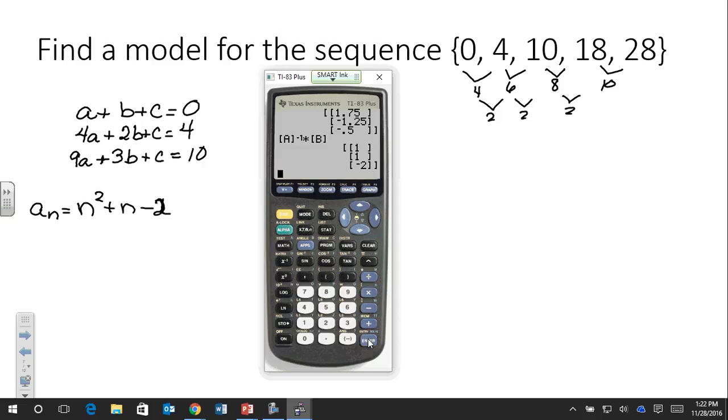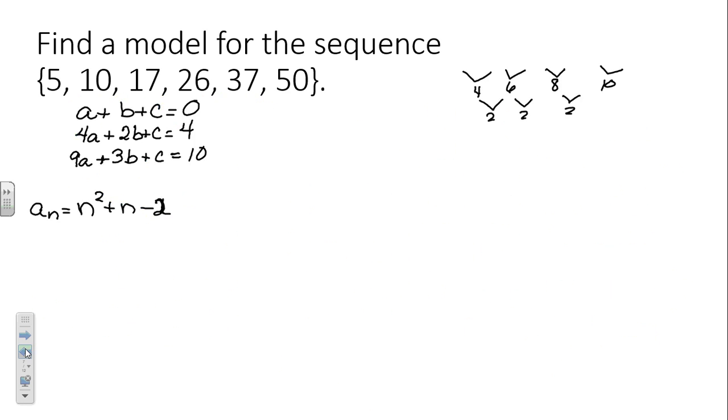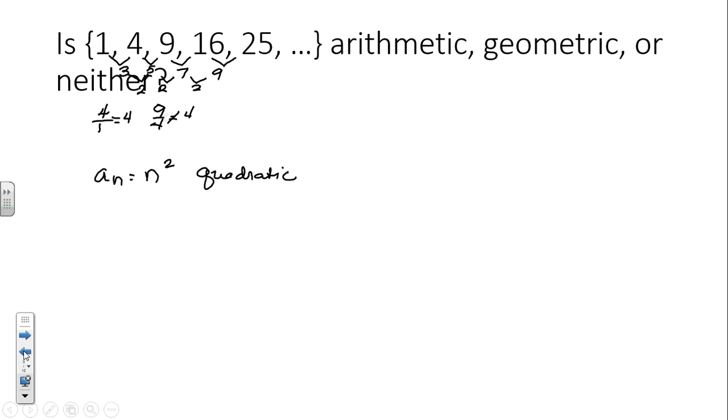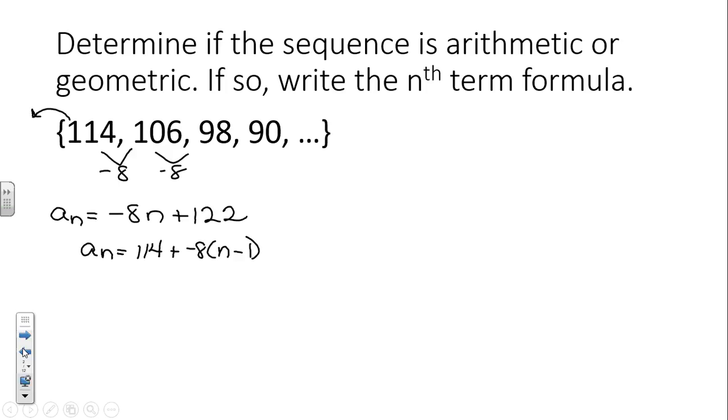Absolutely. So let's look. Let me go back and I'll show you what it would look like with linear. It's just an arithmetic sequence, right? So when we get back to our very first one, we saw this was negative 8, right? So if we wanted to put this into y equals mx plus b form, it's like a sub n is equal to mx plus b, kind of.